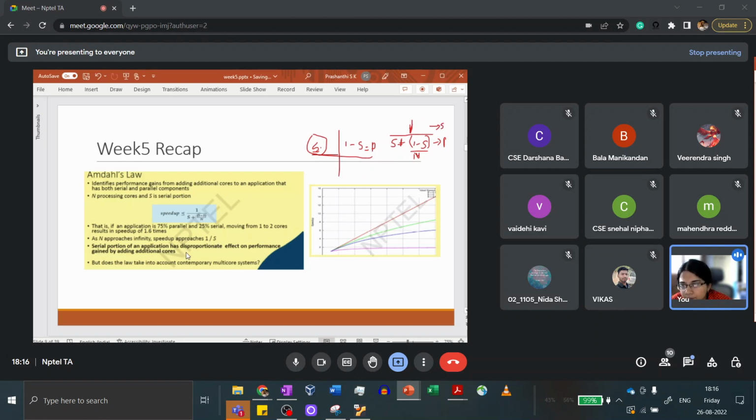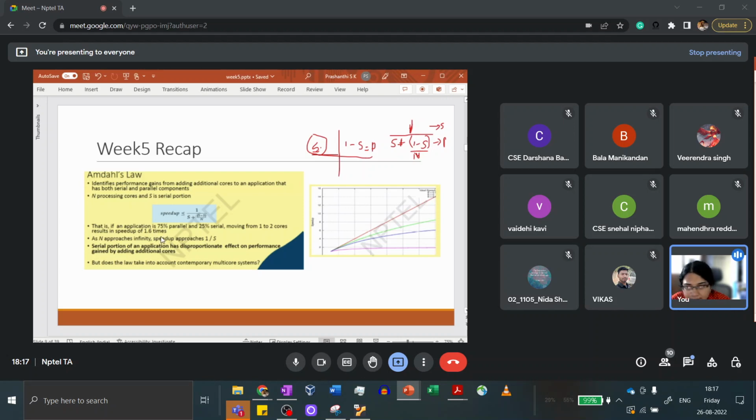Now what Amdahl's law tells you is what the speed up is for different values of S and P, right? Now let's take an example where the application is 75% parallel and 25% serial. If you substitute this value of S and 1 minus S into this formula with a value of n equal to 2, you see that there is a speed up of 1.6 times.